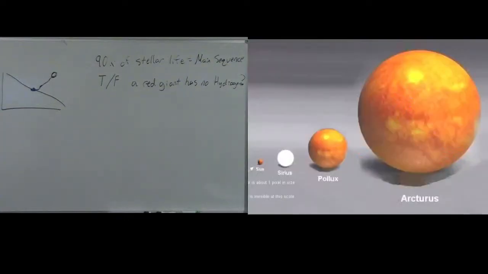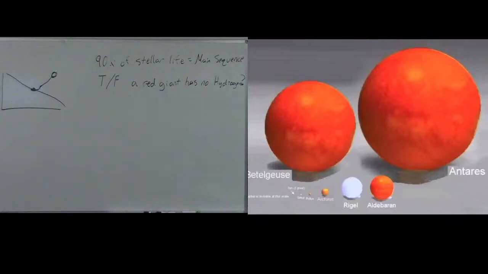When a star has expanded to this point, it's much larger than it was during the main sequence lifetime. The image that I'm showing you here shows the sun as a main sequence star relative in size to a few other stars, Sirius, Pollux, and Arcturus. But let's take a look at these stars compared to their red giant analogs. So the sun in this new image is just 1 pixel in size.